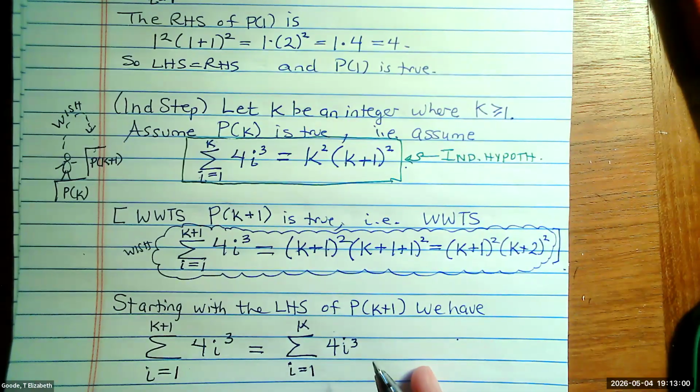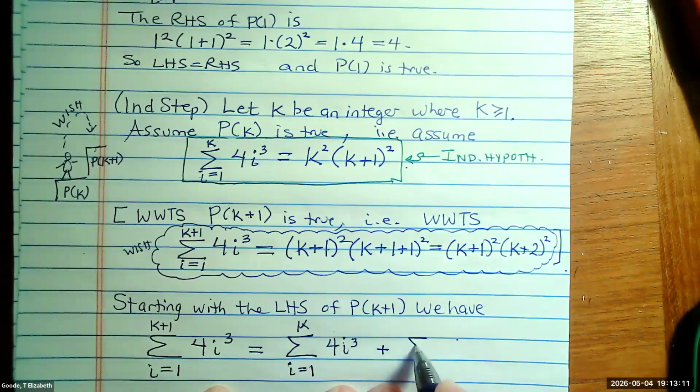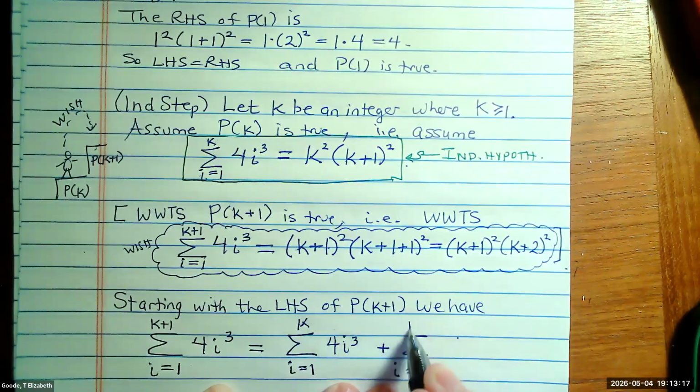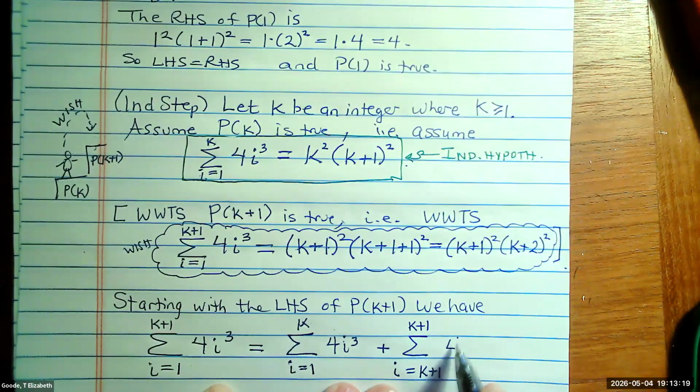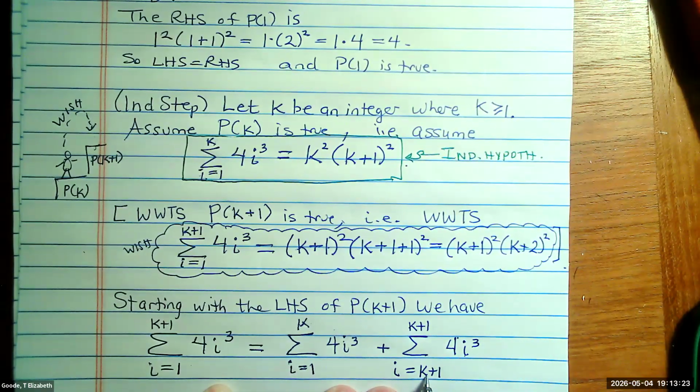Not two, but to, like going to K, starting at I equals 1 and going all the way up to K. That's why we say from I equals 1 to K. And then we've broken off the K plus first term. It's just that single broken off term where I is going to take on this value K plus 1.